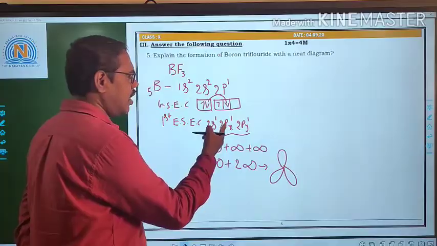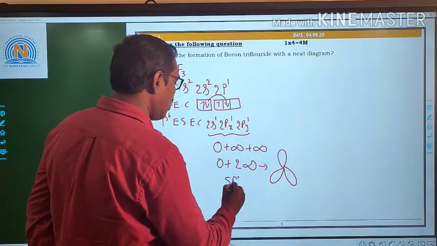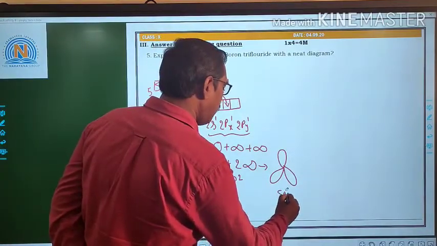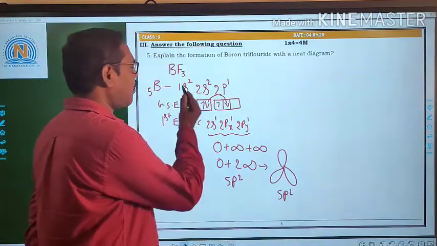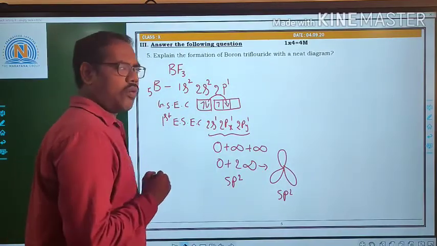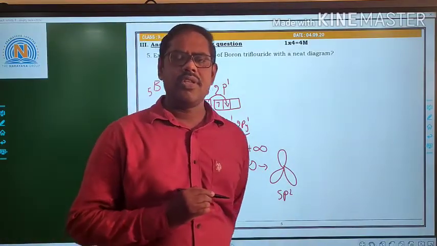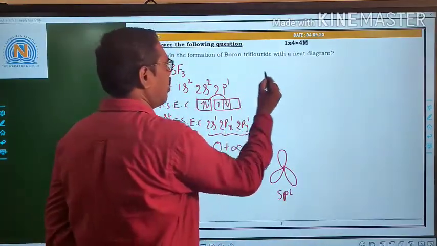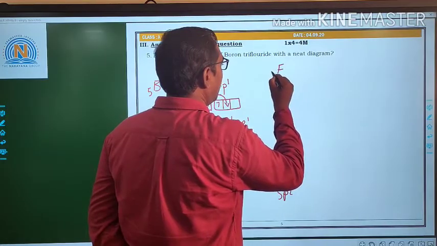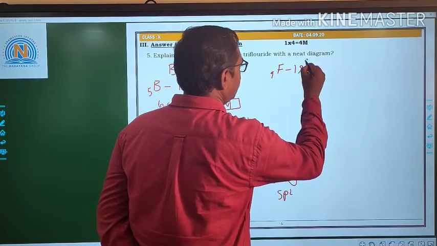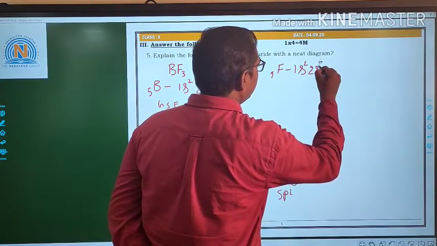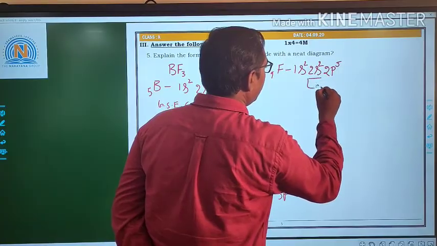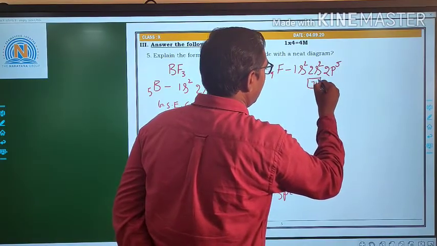This is the 1s and 2p, which are involved in sp2 hybridization. These are the sp2 hybrid orbitals. Next, coming to fluorine. In boron trifluoride, boron is the central atom which is involved in sp2 hybridization. Fluorine atomic number is 9. Electronic configuration is 1s2, 2s2, 2p5. Here the fluorine contains a total of 7 valency electrons.